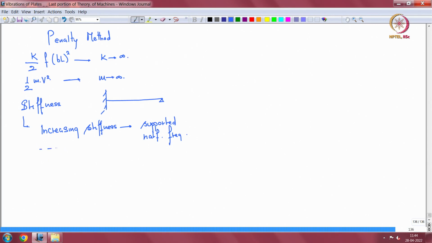Suppose this is the actual value, omega 1, and as I raise my stiffness, the value is approached from below. Of course, if k is too large, you can have numerical problems, just remember that.